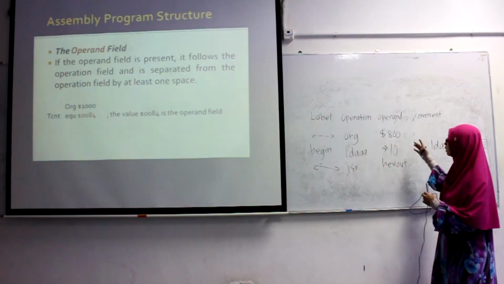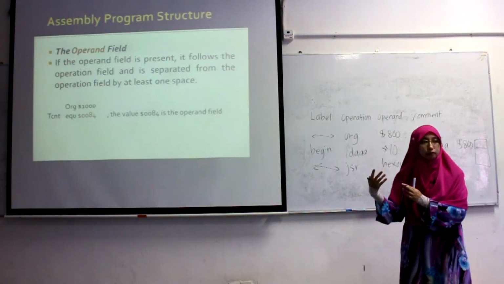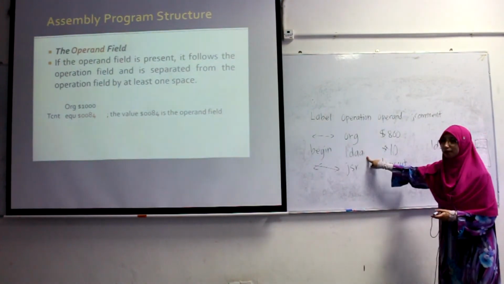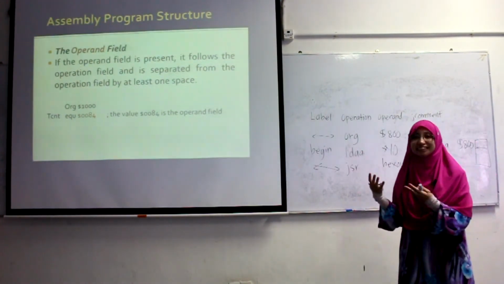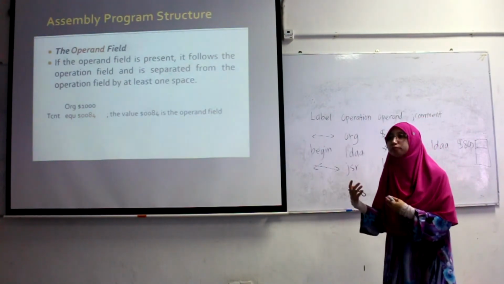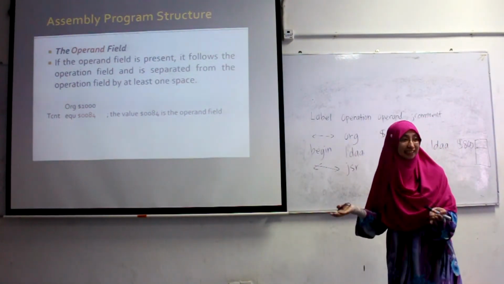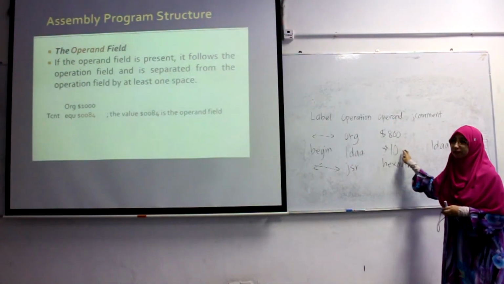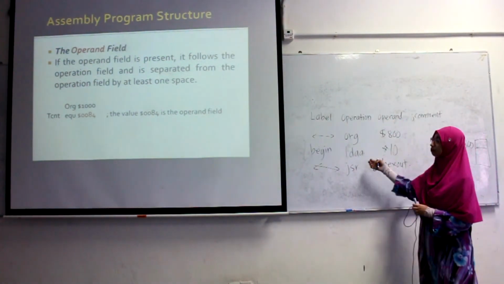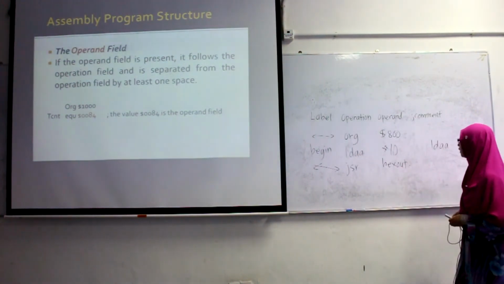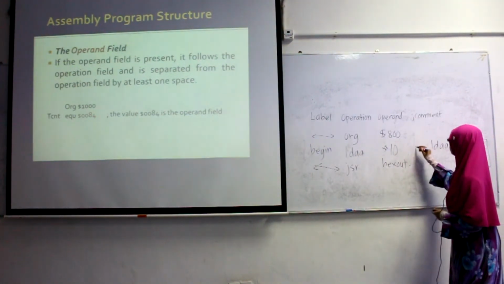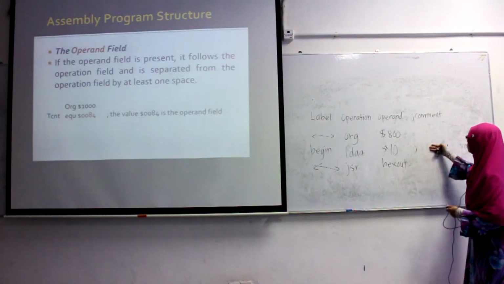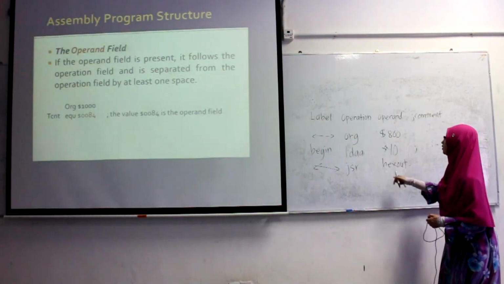For example, LDAA means you want to load data into accumulator A. But what is the data? The data is actually the operand, which completes the operation. And then the comment, which is up to you. You can write the meaning of the instruction.